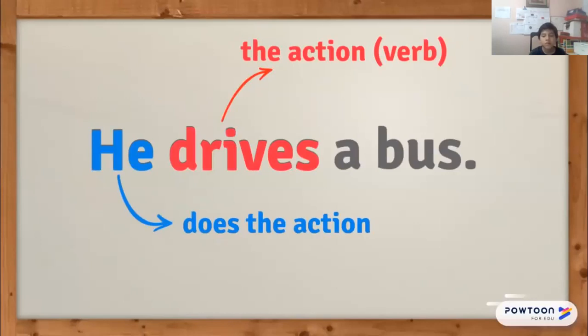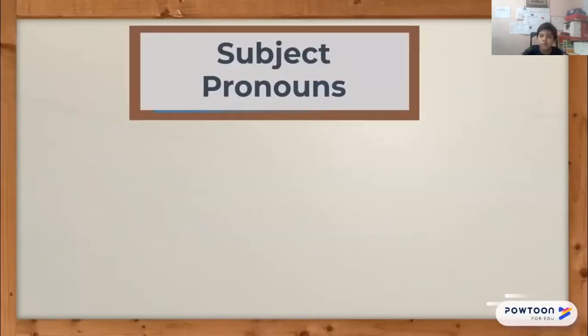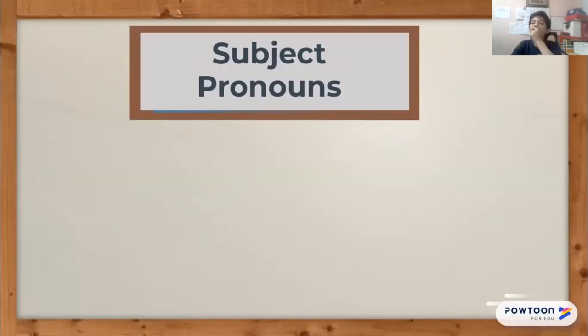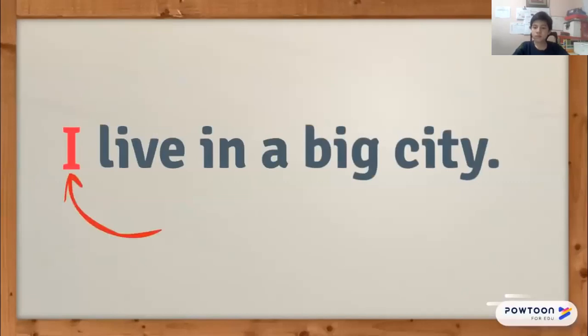It is therefore a subject pronoun. So, what are the different subject pronouns in the English language? Whenever we talk about the first person in the singular, we use I. For example, I live in a big city. In this sentence, I is a subject pronoun.